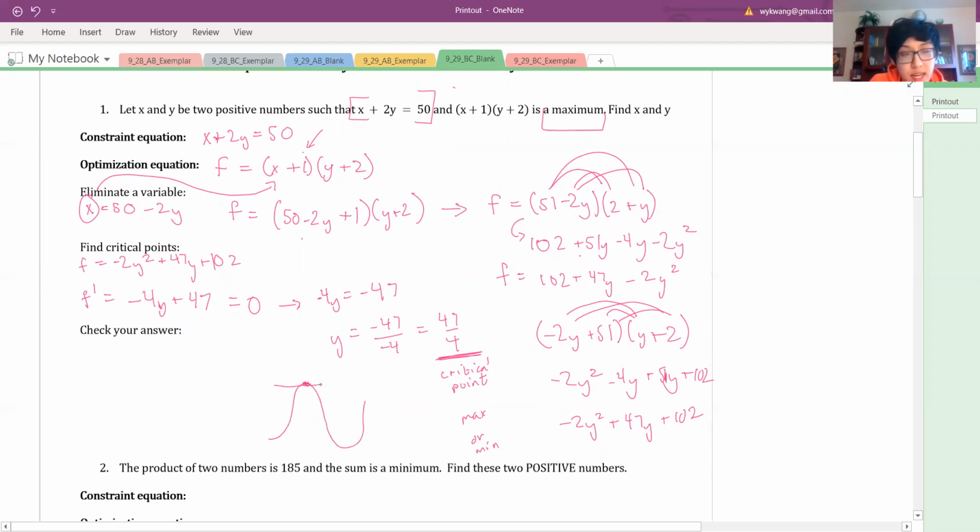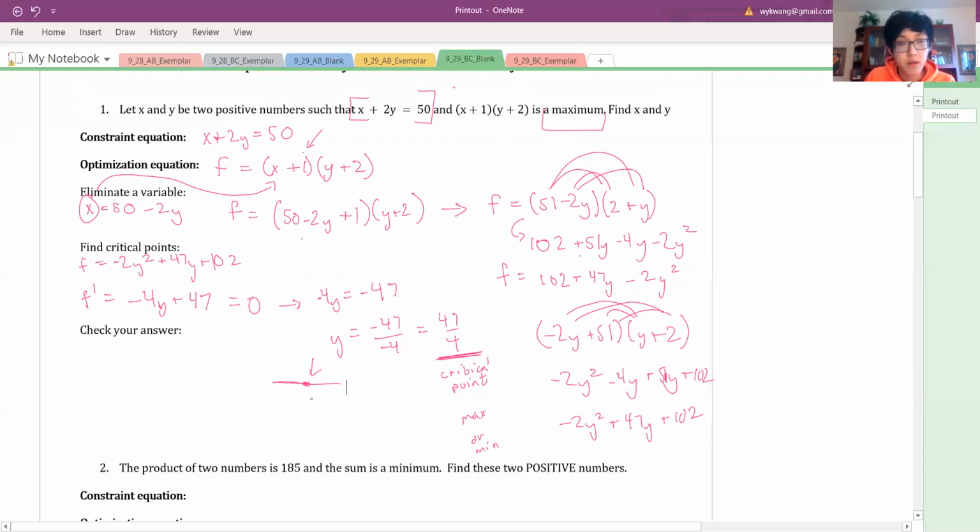So that's why setting a derivative equal to 0 will give us critical points that are either maximums or minimums. Right, so 47 over 4 could be a maximum. It could be over here at this type of point, or it could also be a minimum. It could be at this type of point, right?